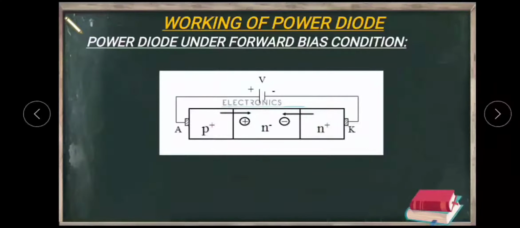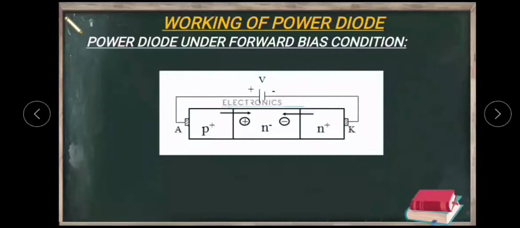The injection of holes and electrons into the N minus region, the drift region, we call double injection. Due to this process, the resistance of the drift region reduces gradually, and the diode starts conducting. This phenomenon we call conductivity modulation.